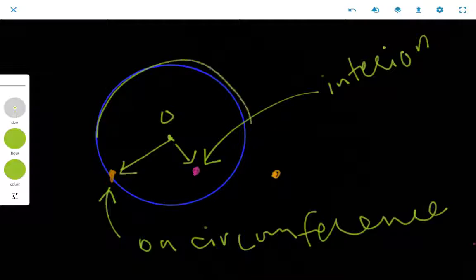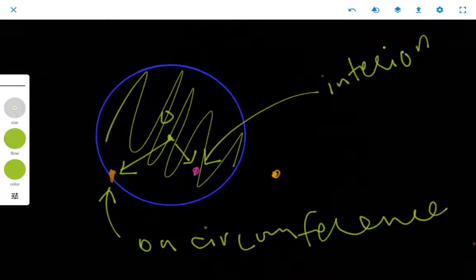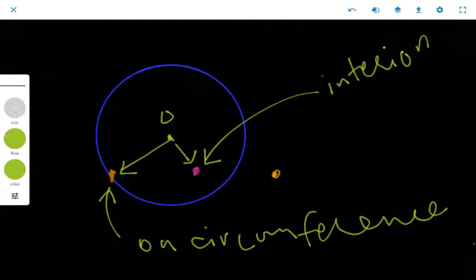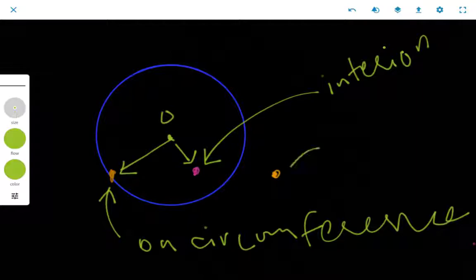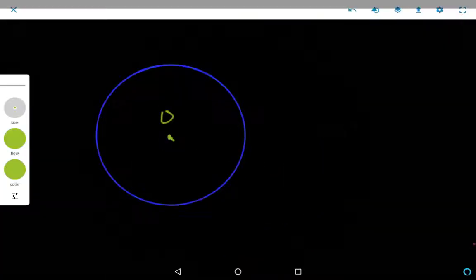This whole line around the circle is called the circumference. Now this point you can see is outside the circle area. This point is in the exterior of the circle. So let me just erase this. Wait, so I have erased.